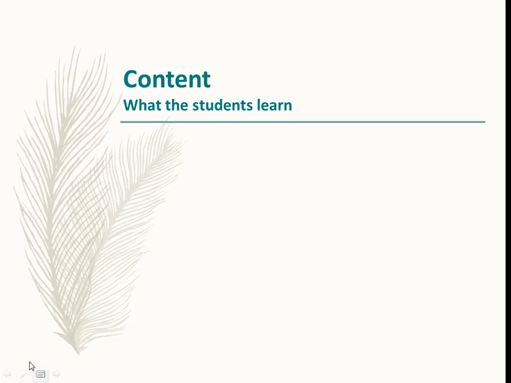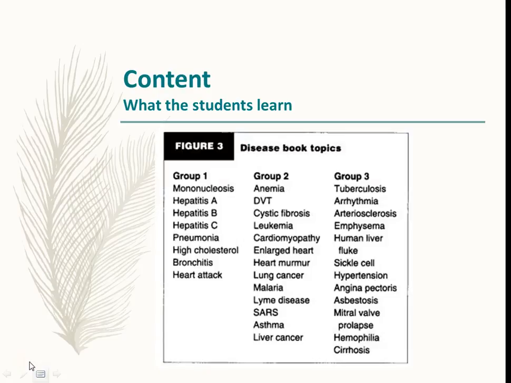When we look at content, or what students can learn, one way to differentiate is to provide multiple texts across reading levels. And this is where children's literature books come in, because you can get a first grade level book and a fourth grade level book that may be covering the same content. Provide topic differentiation. And here is an example from an article that a middle school teacher wrote.